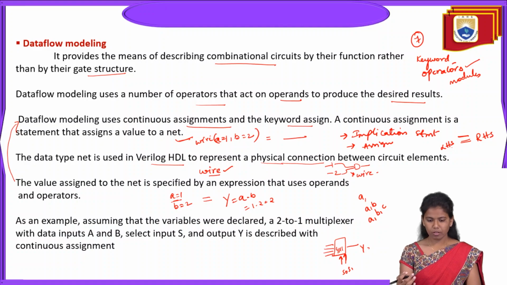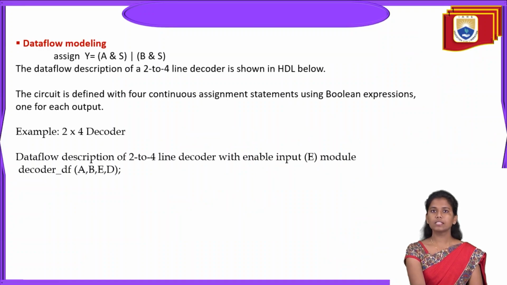So we move forward. As I said, when you're writing code in data flow modeling, always remember that there are certain keywords that we need to mention. We have 4 different types of modeling styles, right?